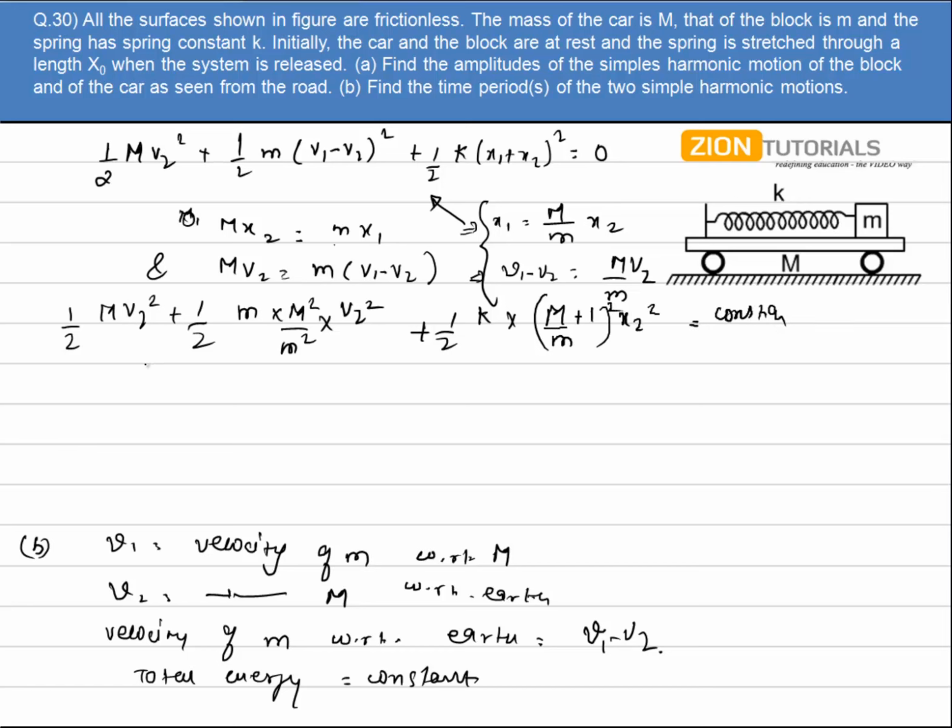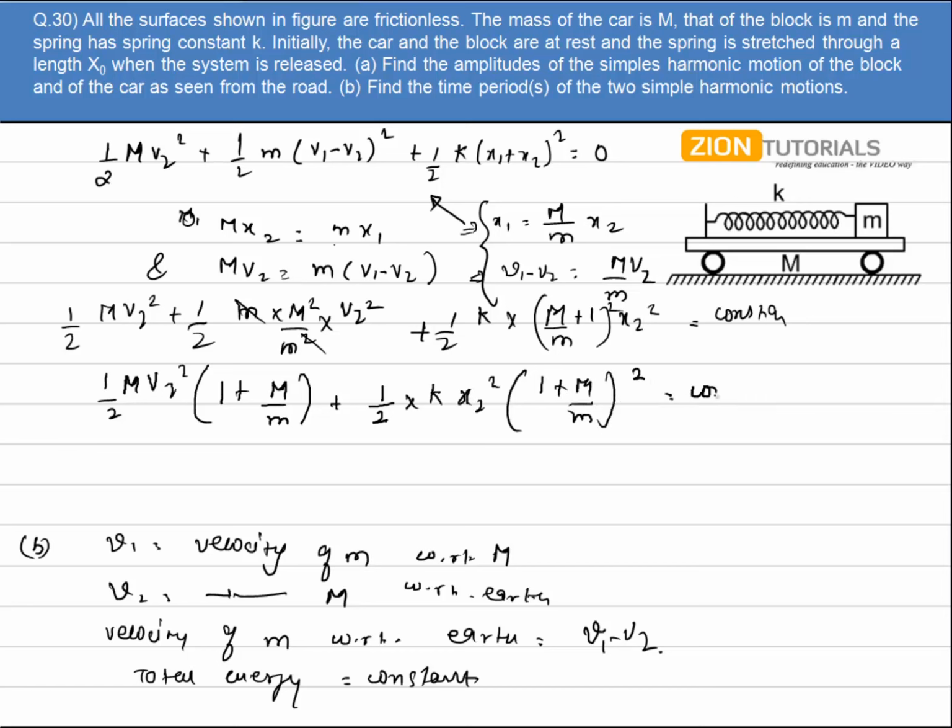Fine. So on simplifying this equation, I get half of this m and this m get cancelled. Small m is taken outside, v2 square is taken outside, so it will be (1 plus capital M by small m), plus half of k x2 square (1 plus capital M by small m) whole square, that is equal to constant.